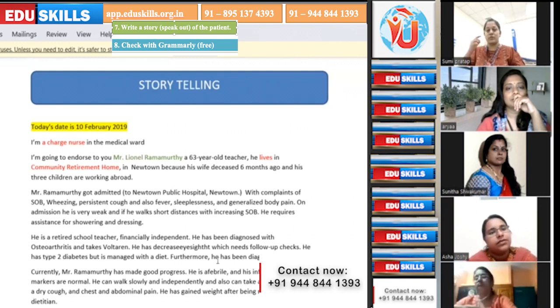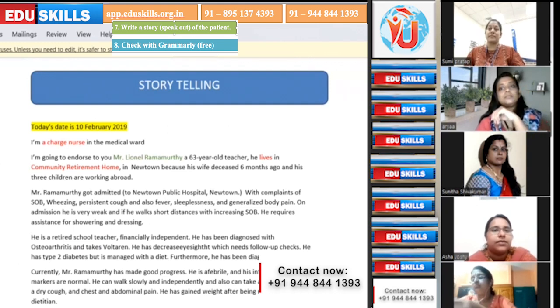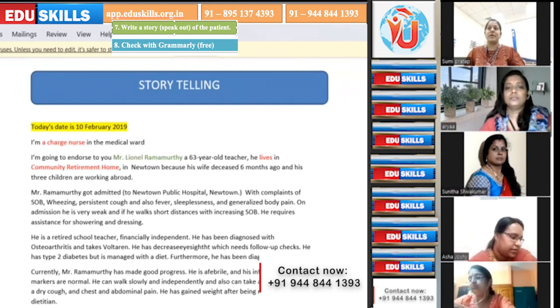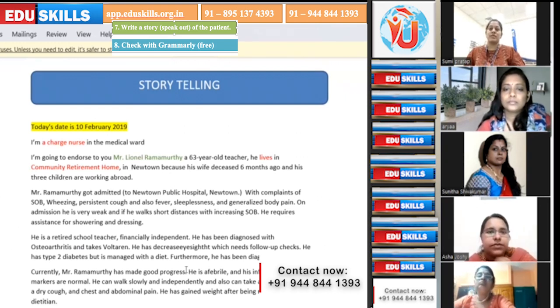He has been diagnosed with osteoarthritis, for which he is taking Voltaren. He has decreased eyesight, which needs follow-up checks. He has type 2 diabetes, but managed with diet. Furthermore, he has been diagnosed with COPD. So this is the past medical history I took from the social background in the case notes.